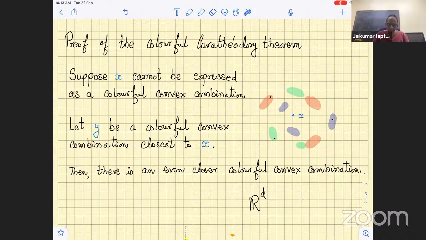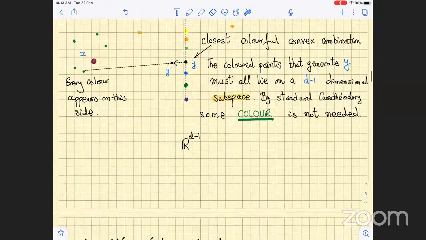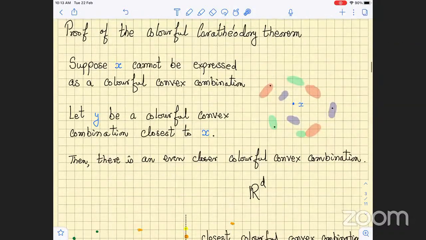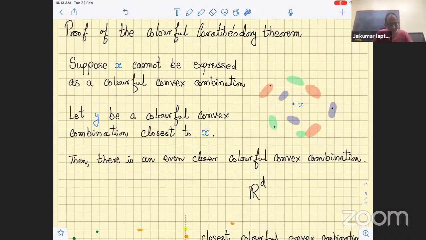I was looking this up on the internet. There seems to be some paper recently, 2016 or 18. So this might be something for you to look at. Jacob, how old is this theorem, colorful Caratheodory? Might be, I don't know, maybe 25 to 30.